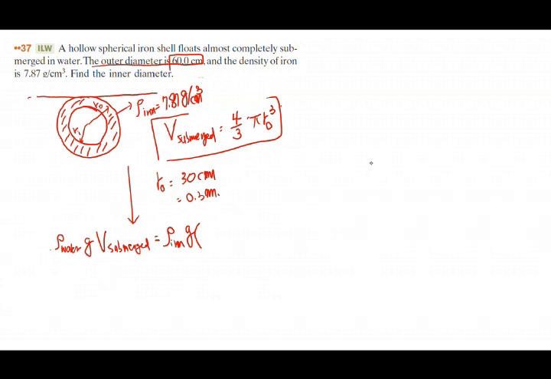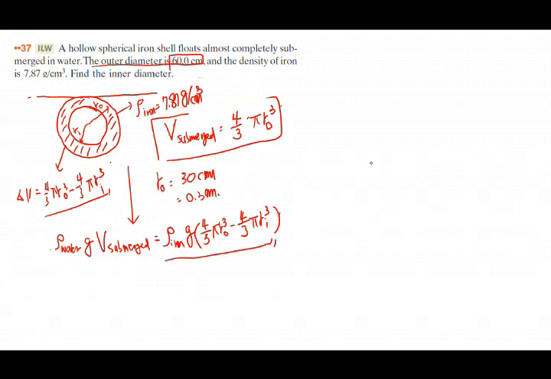The net volume of this spherical shell should be the outer volume subtracted by the inner volume. So the net volume should be 4/3 pi r outer cubed minus 4/3 pi r inner cubed, right? If you plug that into this formula, that should be 4/3 pi r outer cubed minus 4/3 pi r inner cubed.